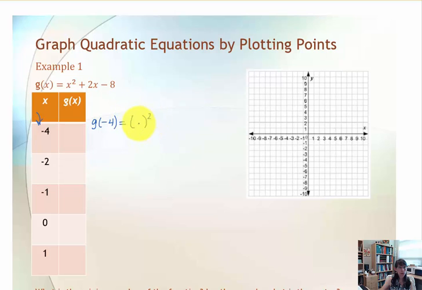So x squared means the quantity of -4 squared plus 2 times x, that means 2 times -4 minus 8. When we simplify, the quantity of -4 squared would give us positive 16. 2 times -4 would be minus 8, and we have minus 8 at the end.